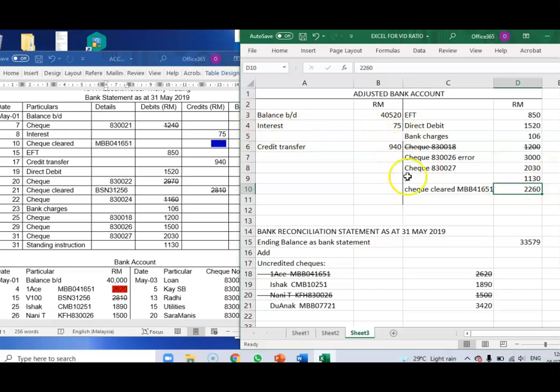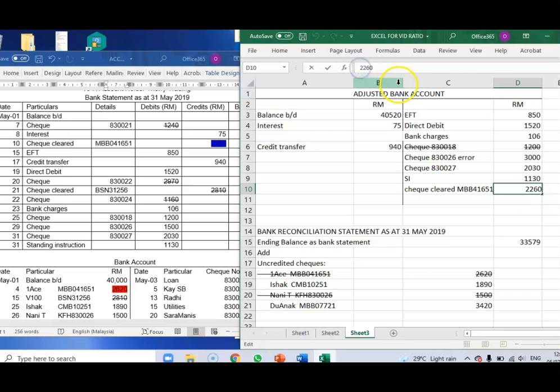You can cross them out and write a new one. So the check clear is an error. You move the figure, and you need to adjust the amount into the difference. The difference amount.